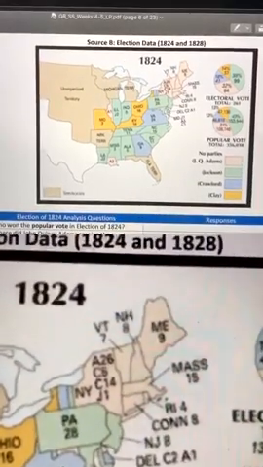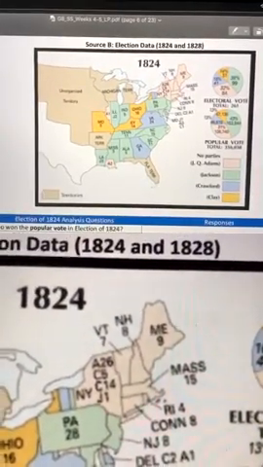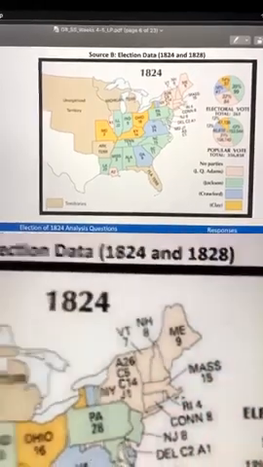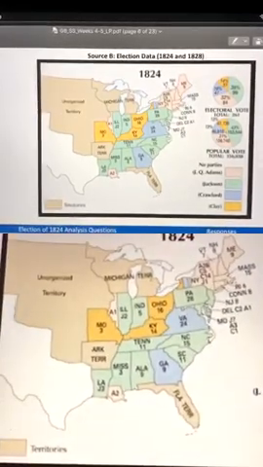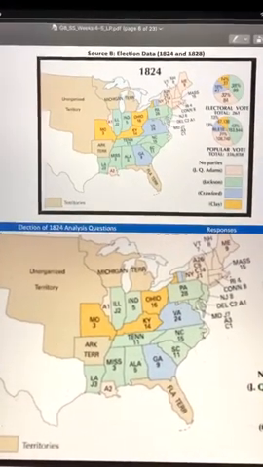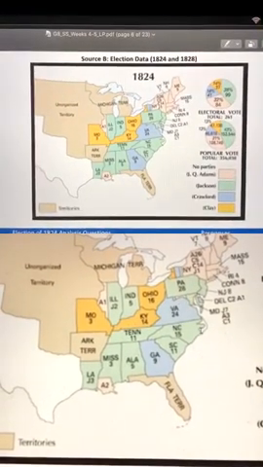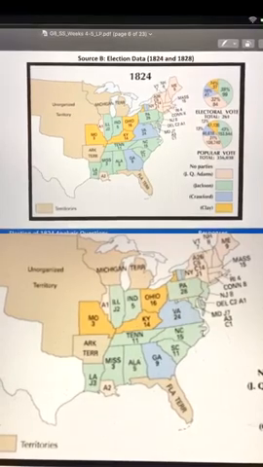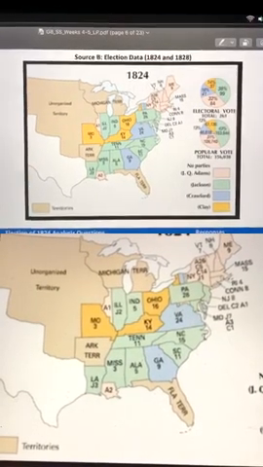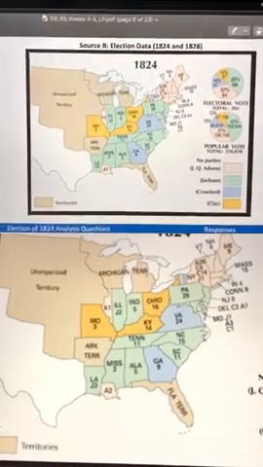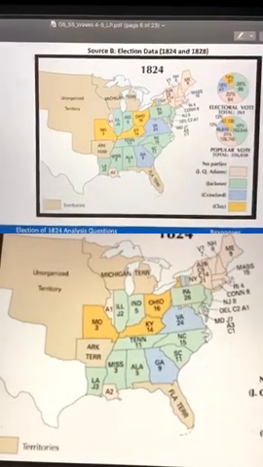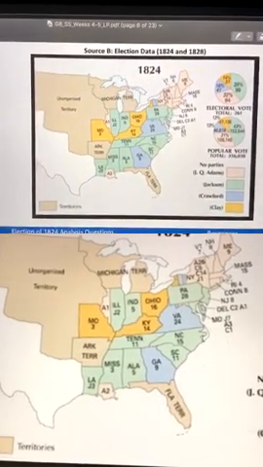So a lot of his support, a lot of the people that voted for him lived in these areas. But if we look at the rest of the country, he's basically not there. No one really liked him outside of those areas. So because he didn't have the support of a lot of people across the country, he couldn't be president. He only had 1 in 3 votes in the whole country.